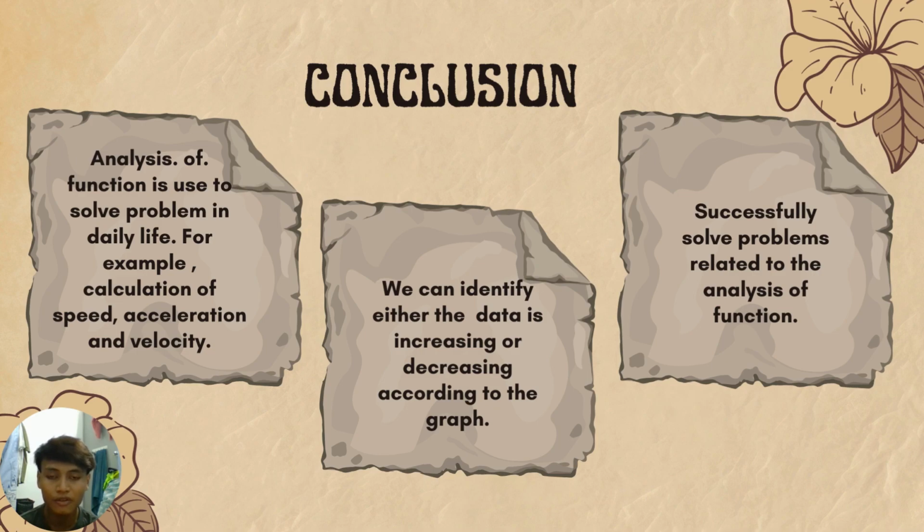The second conclusion is we can identify whether the data is increasing or decreasing according to the graph. The final conclusion is we successfully solved problems related to the analysis of function.